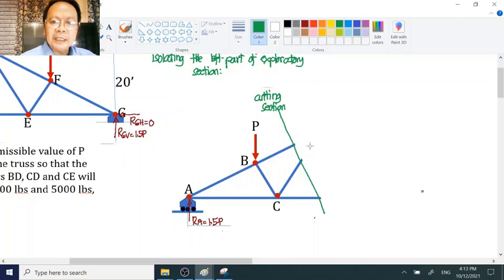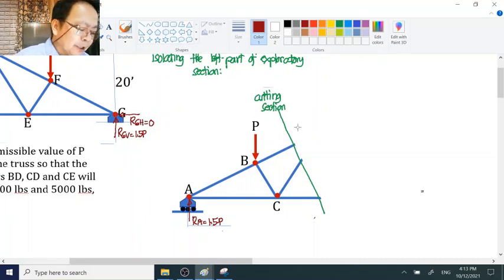Bali, ang nakikita natin ngayon dito sa illustration ay yung left part na ng exploratory section. Kinuha ko na yung kaliwang bahagi ng exploratory section, and we will now be analyzing this using the method of sections. After we have cut this member BD, CD at saka CE, ipakita ngayon natin yung forces na nag-a-act doon sa member na yon to maintain this left part to be in equilibrium.